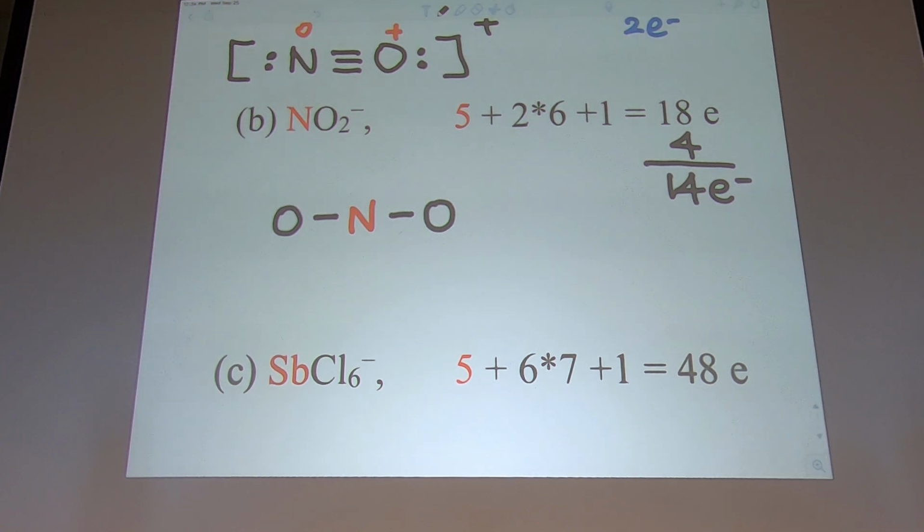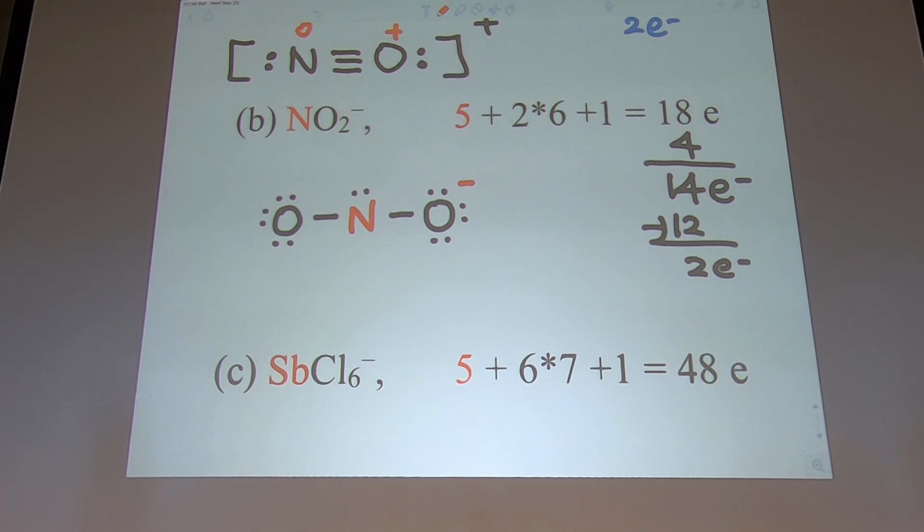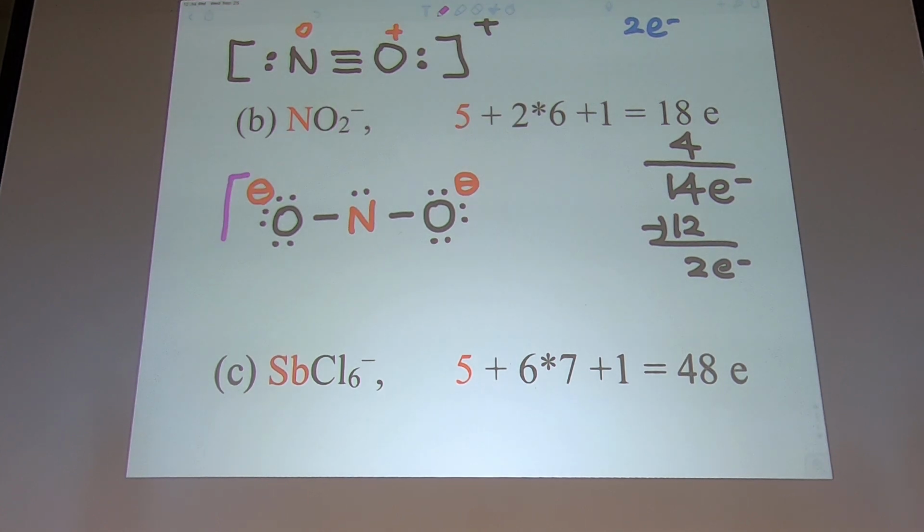And then let's make the oxygen happy at least. 1, 2, 3, 4, 5, 6. So that's 12 electrons. We've got 2 electrons left, and those go here. Then something we can expedite: this is a negative 1 formal charge, and that is a negative 1 formal charge, and we all know the overall charge of this molecule is minus 1.